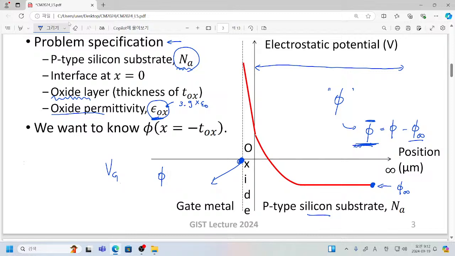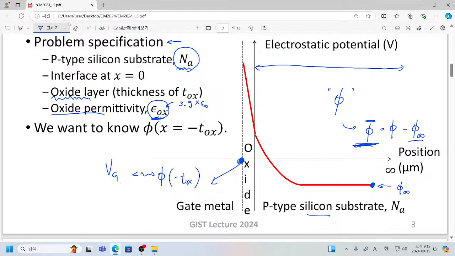That point means the minus T box point. Gate voltage has the unit of voltage, and electrostatic potential also has the unit of voltage.